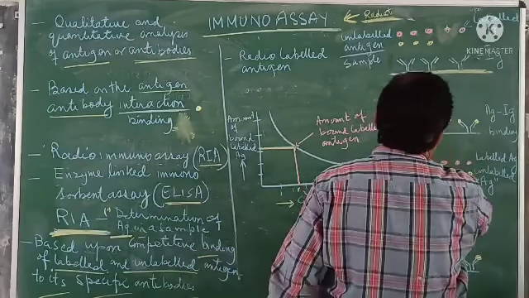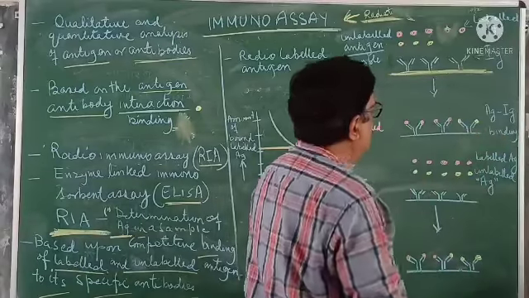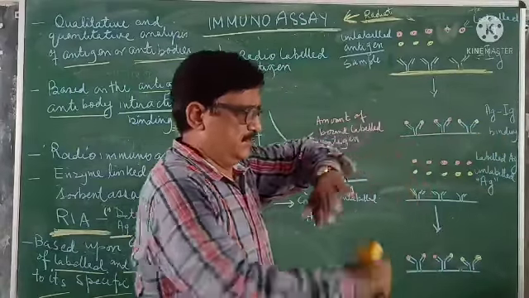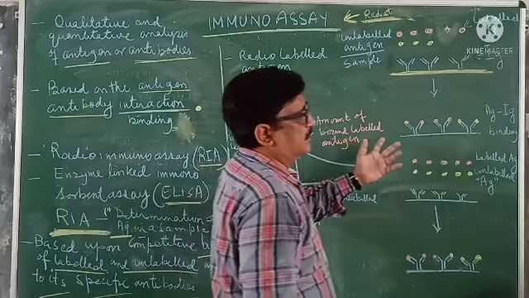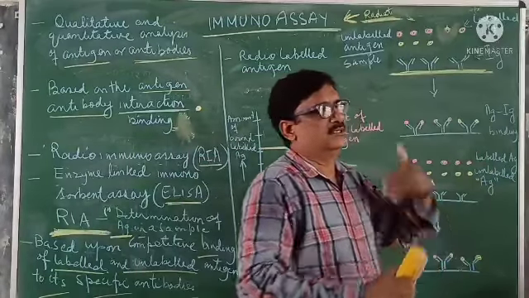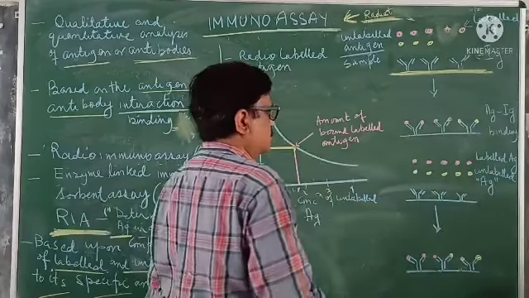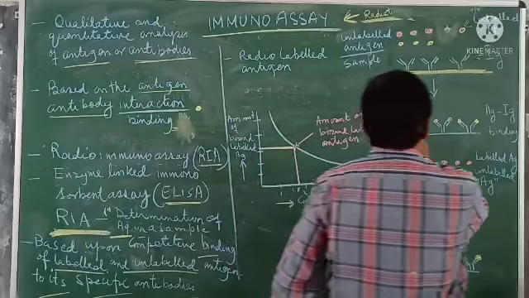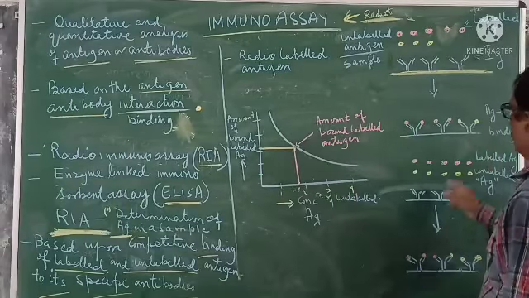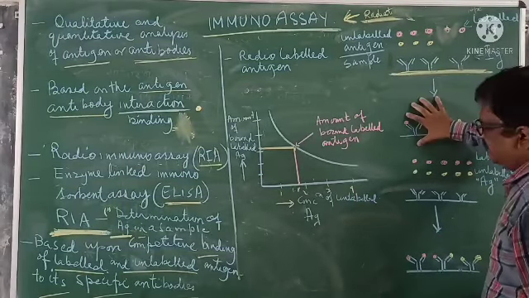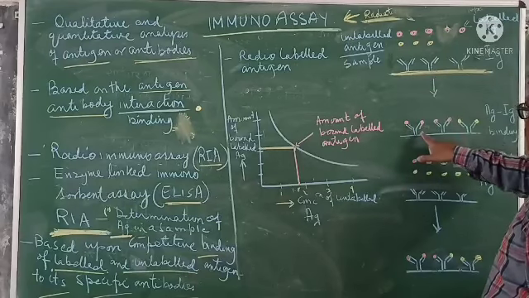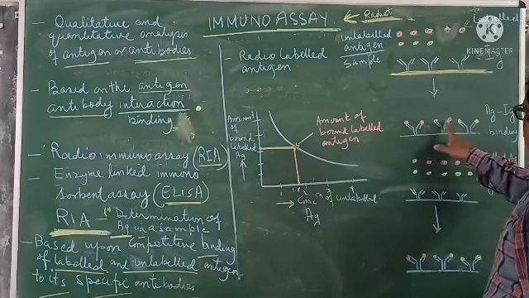Then in the next step we wash the whole test tube, and the unbound antigen will be discarded, washed off, and only the antibodies left in the test tube will be bound antibodies.